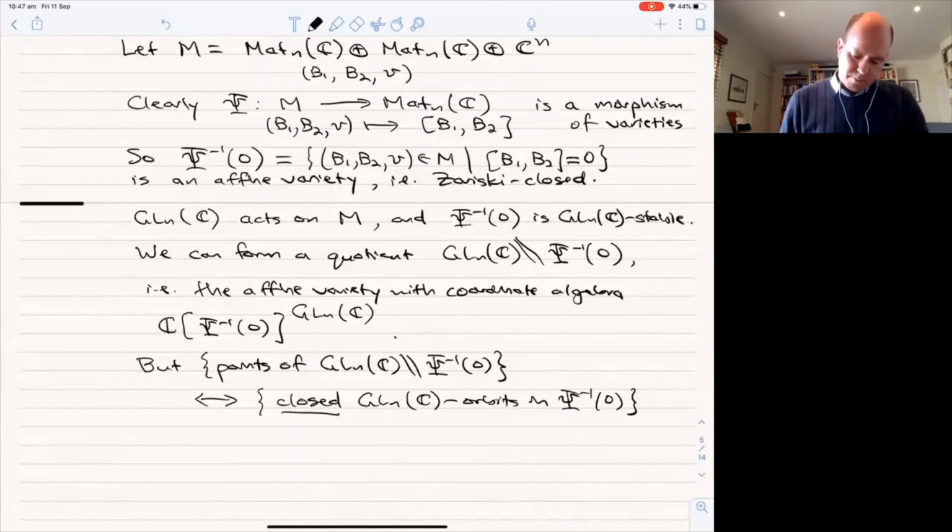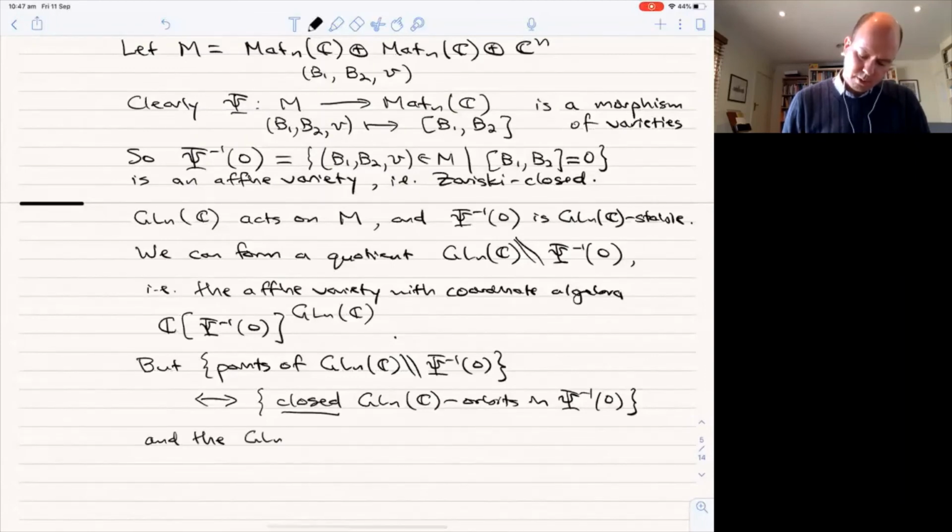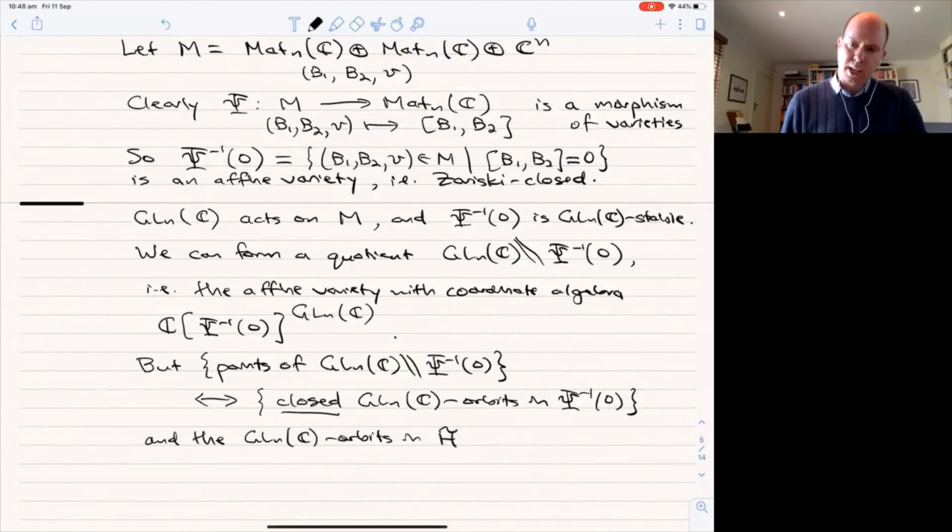And in fact, the orbits we want are the GLN(C) orbits in H tilde, which is a subset of psi inverse of 0. And they're definitely not closed.